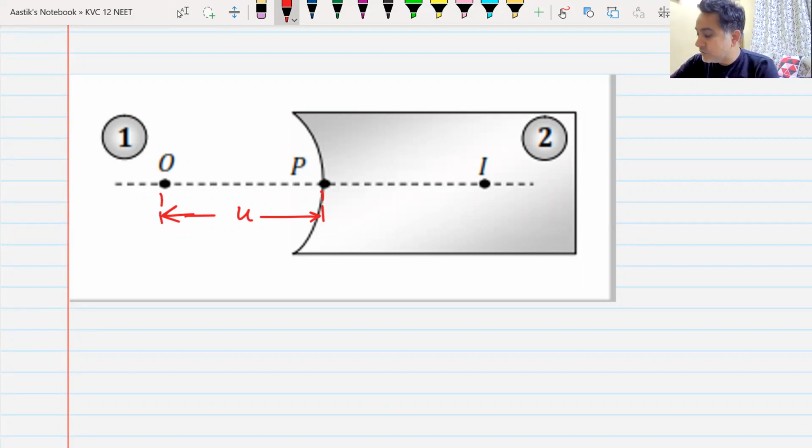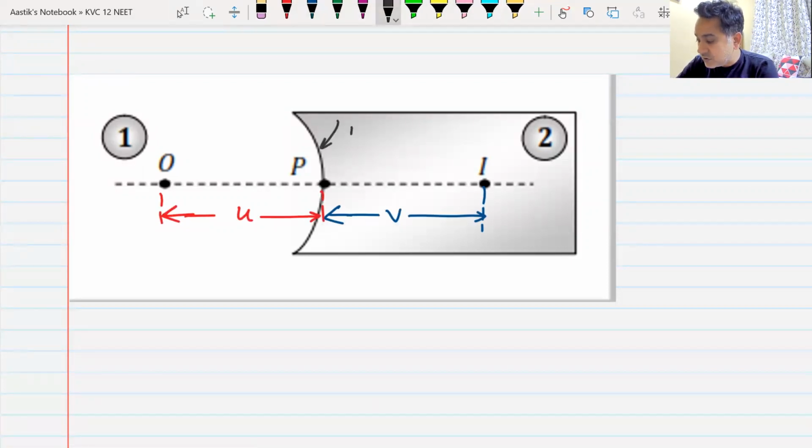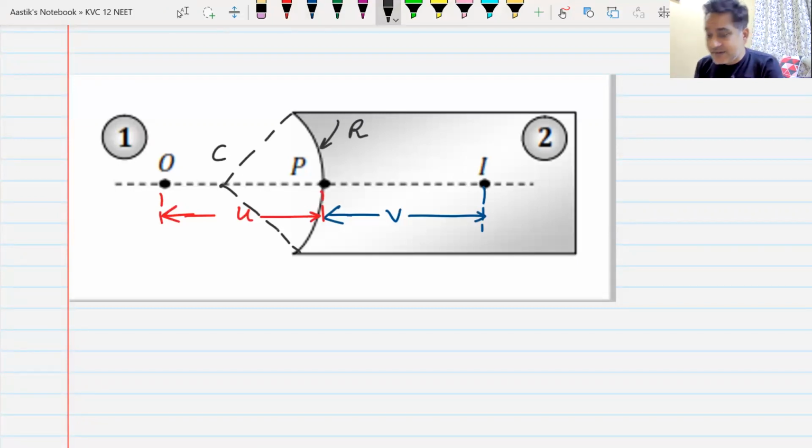Negative, sir. U is negative. What about V? Positive. V is positive. What about the radius of curvature of this surface? Is it positive or is it negative? Negative, sir, because the center would be somewhere here, and the radius of curvature will be measured in the opposite direction.